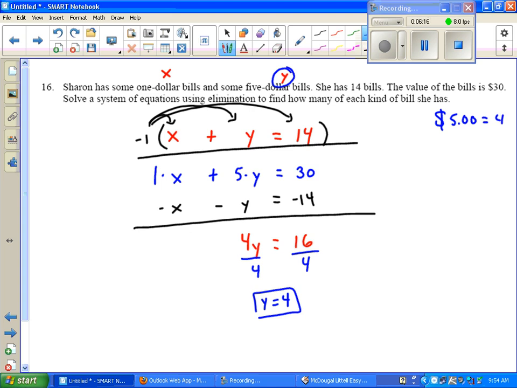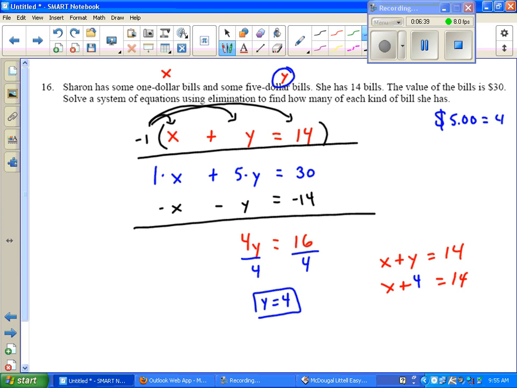In order to find out how many $1 bills we got, we just have to take one of the equations. If we look at that first one, x plus y equals 14, and we plug in the value we just found for y. It's 4. So plug in the number 4 in place of y.